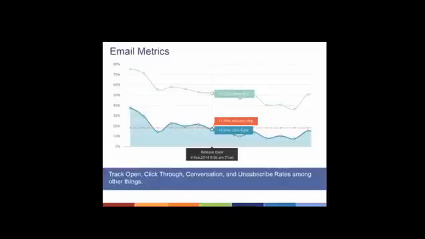Your open rate is going to be a general estimate of the percentage of people who received your email who actually opened it. Remember that open rates are based on whether or not a hidden image that's been inserted into your email was downloaded from the server via the recipient's computer. So that little technical aspect of having to download images in order for us to know whether or not somebody's opened an email does mean that our open rates are a minimum.